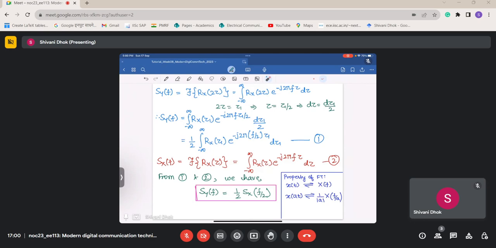However, just in case we forget this property, it is simple to go with the standard or conventional method, using the first principles of Fourier transform, and get to the desired answer.